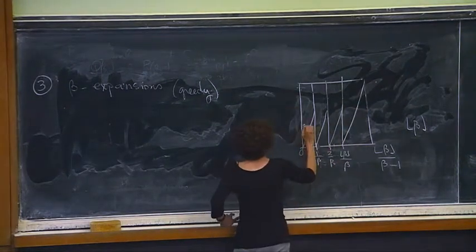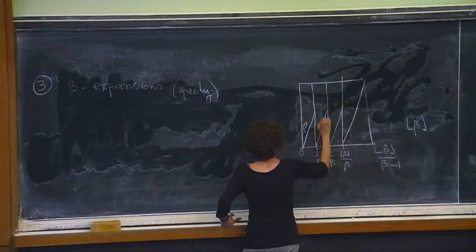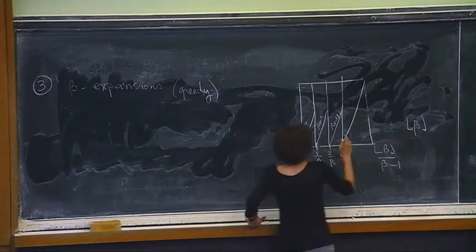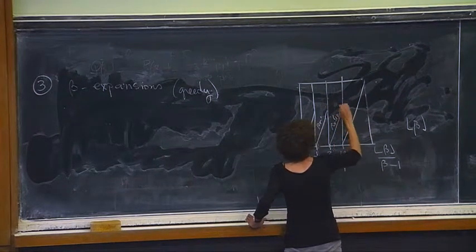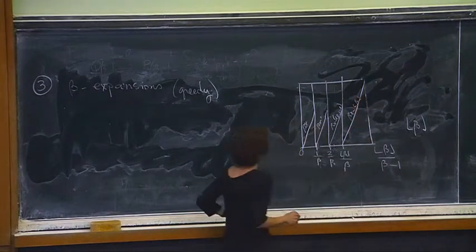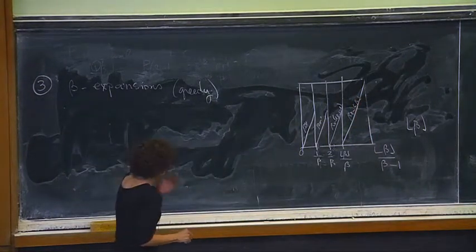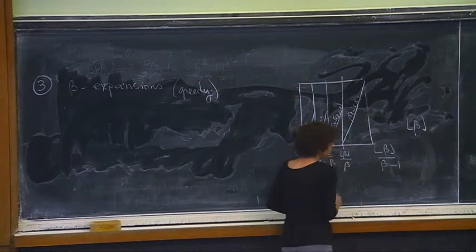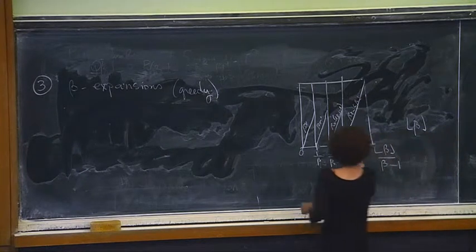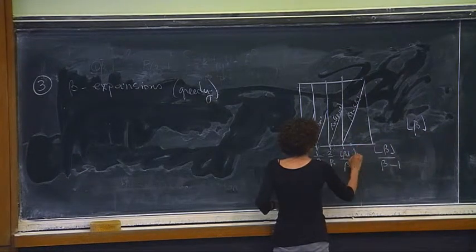So this was beta x minus 1, beta x minus the greatest integer. And one lies somewhere here, maybe.